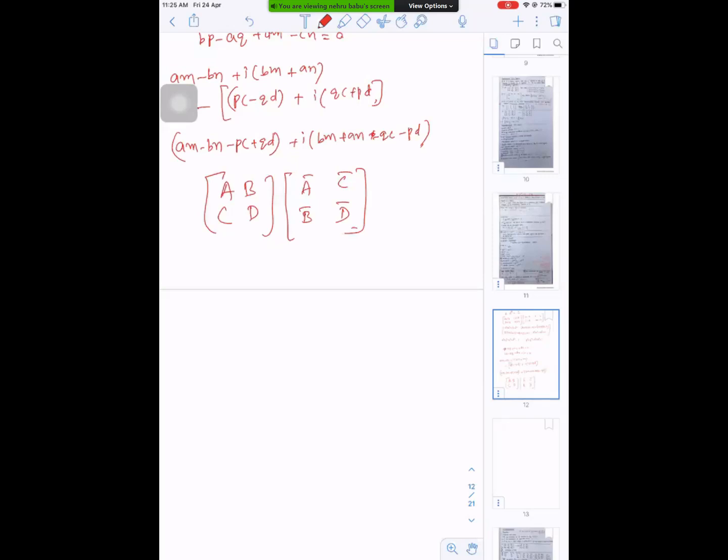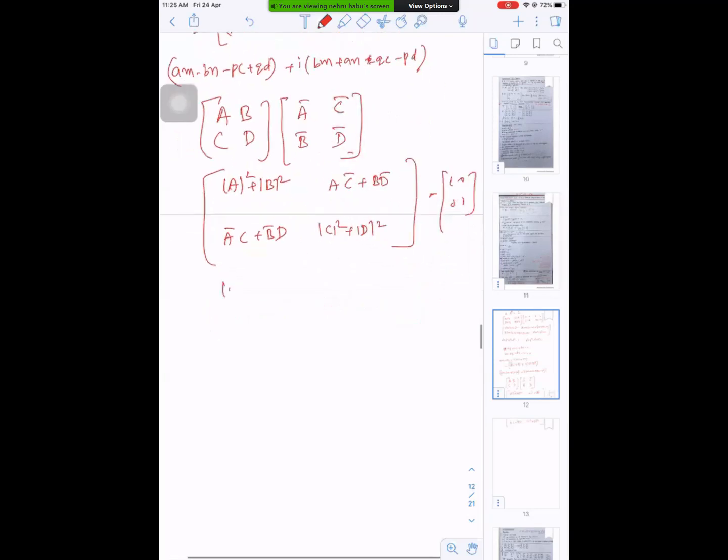So here, if you multiply this, you get mod A square plus mod B square, and here mod C square plus mod D square, and here A C bar plus B D bar, and here its conjugate A bar C plus B bar D. This is a matrix which is equal to the identity matrix 1 0 0 1.